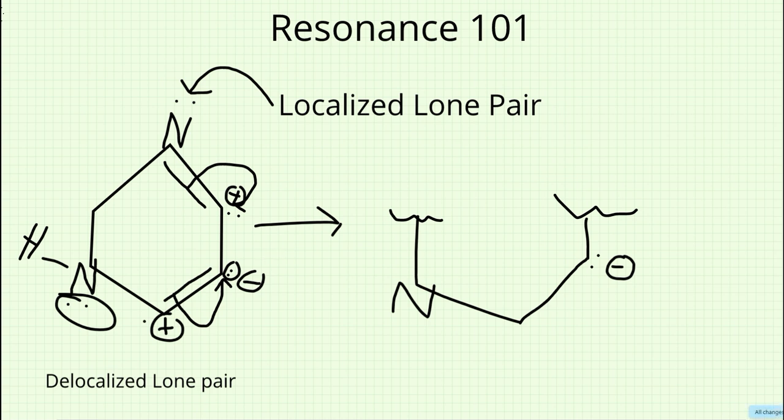So in order to mitigate or remove this positive charge, the lone pair says, let me join, let me help you out, I'm gonna donate you a lone pair. So it goes like this, it donates.